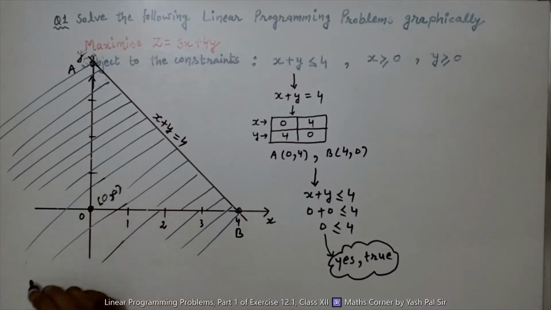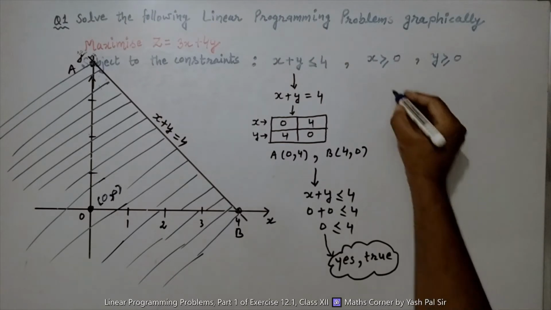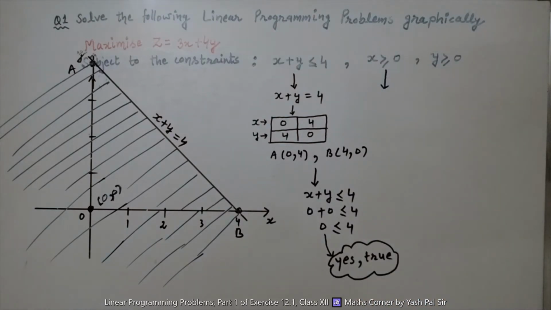Right? So we have shaded to this side. But the next inequality is x greater than or equal to 0.